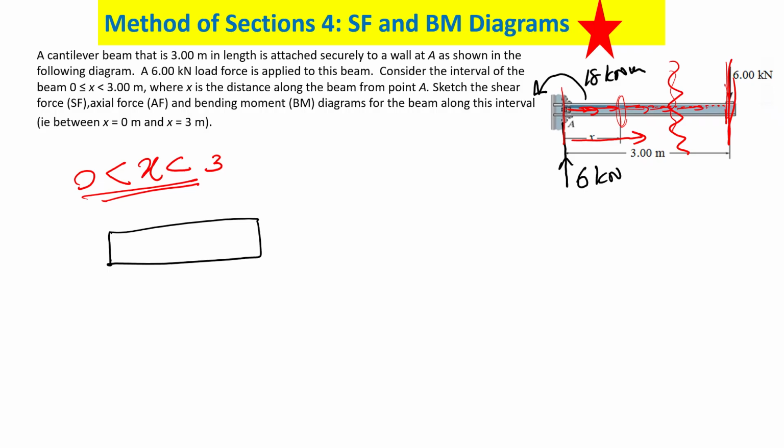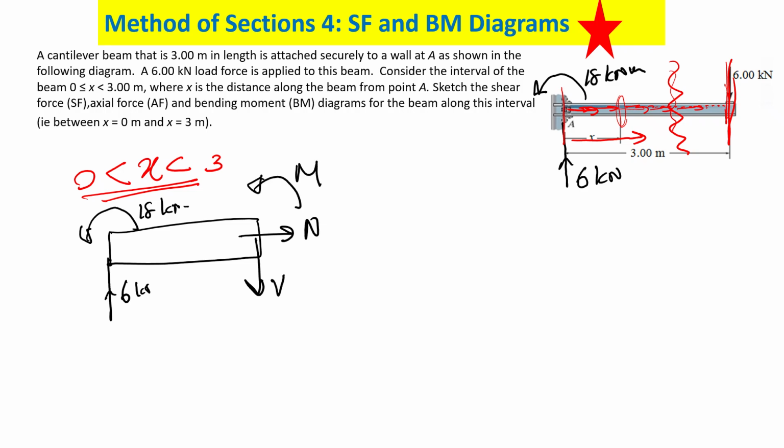So what do you have here? You have 18 kilonewton meters, you have 6 kilonewtons, and you have N, V, and M. Can you find me these ones, please? We already mentioned that we're only going to take one section, 0 to X, then 3.